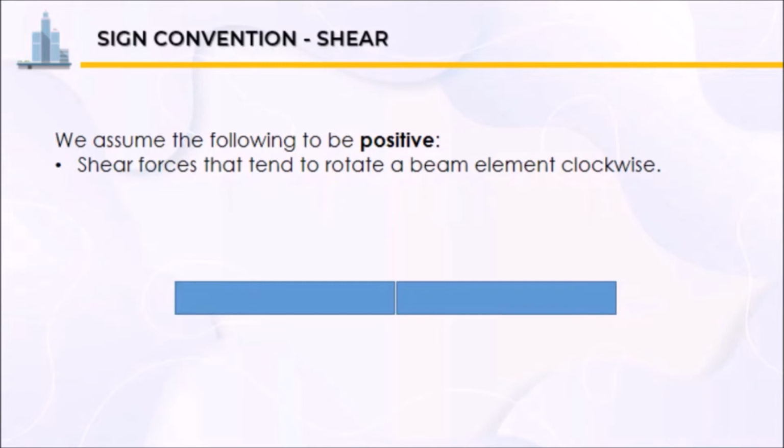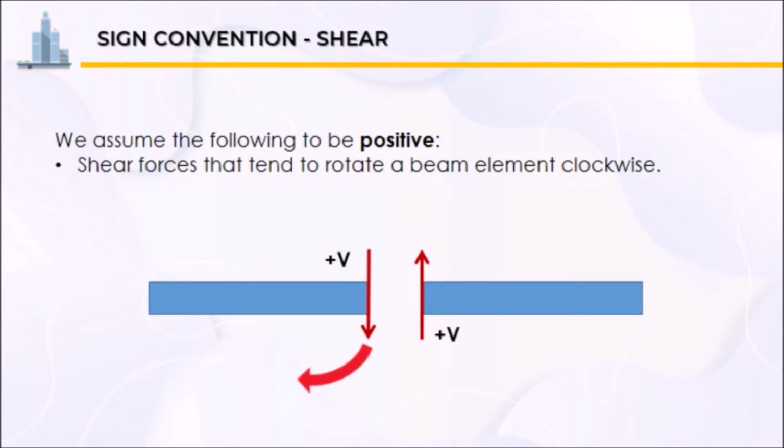So, let's say, we have a beam and we cut it. Take note, for us to show the shear and moment, yung internal shear and moment, kailangan i-cut natin yung section. So, maghihiwalay yung left segment sa right segment. So, considering the left segment, para maging positive shear siya, dapat it tends to rotate the beam element clockwise.